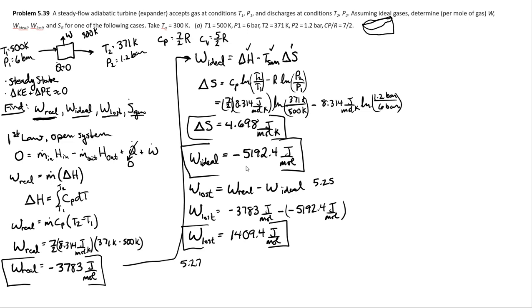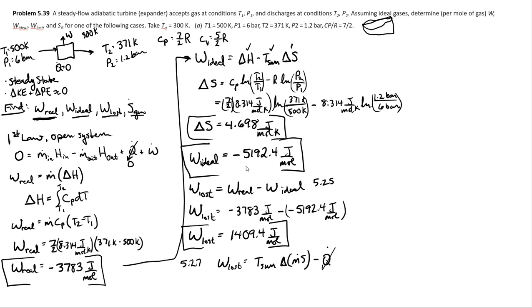Equation 5.27 says the lost work is equal to T surroundings times delta of the sum of m dot times S of your streams, minus Q dot.